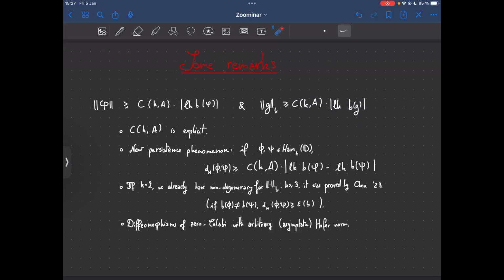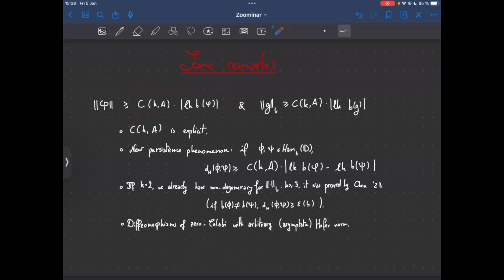You can just take a Hamiltonian whose support is contained in a disk. It can have arbitrary Calabi, but it will also induce a diffeomorphism with associated trivial braid. And since the right-hand side of this estimate is homogeneous under iterations of phi, we find what we want. We can always bound from below the asymptotic Hofer norm of any diffeomorphism with this property.